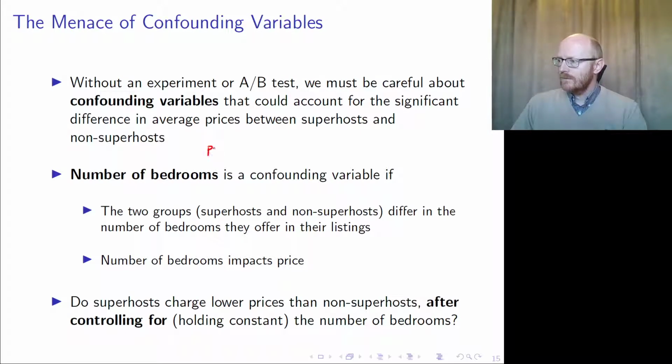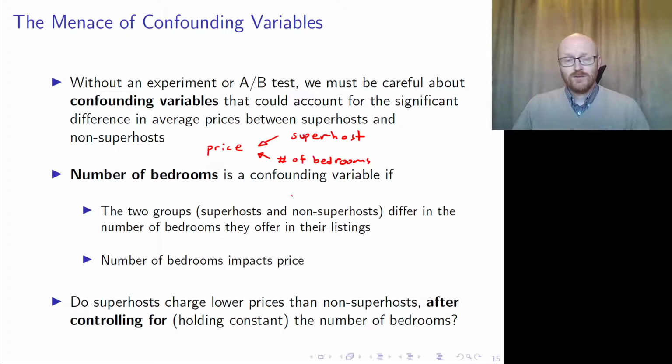For example, you have the price, and we just looked at superhost status, and whether or not people were superhosts, and we found that it had an effect on the price offered. But what if something else has an impact on the price? For example, the number of bedrooms.